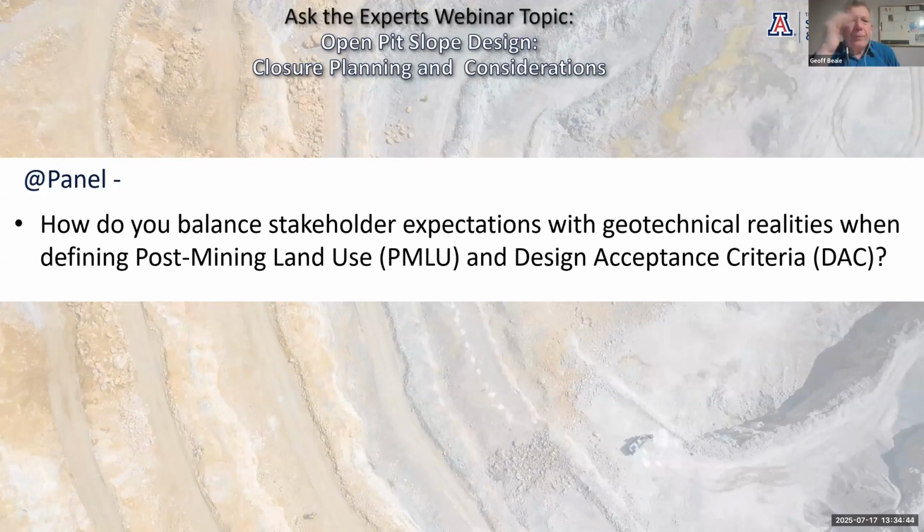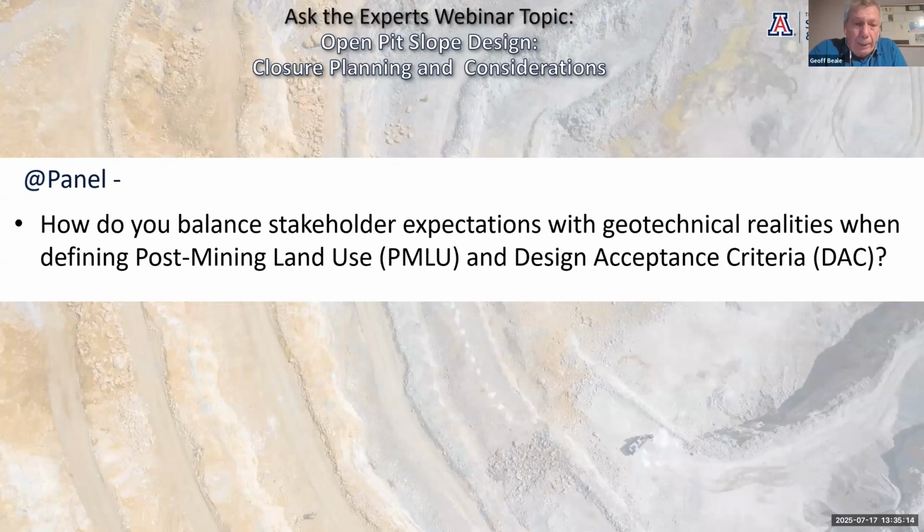So I think really the stakeholder expectations firstly need to be realistic, and there's always a balance with stakeholders. There are always regulators or even some government officers or NGOs which think that the site can be closed with land uses which are just not realistic.